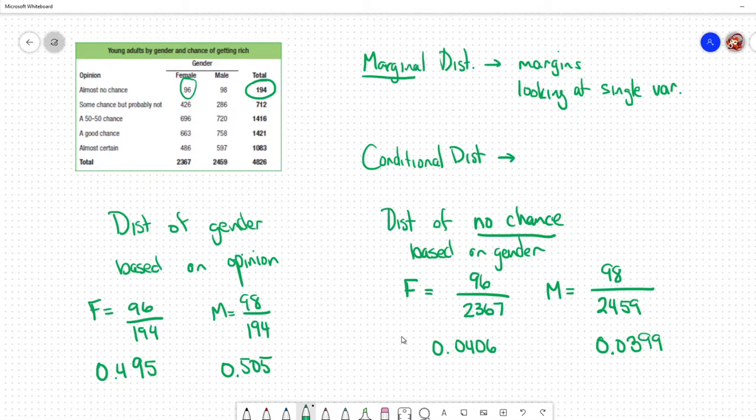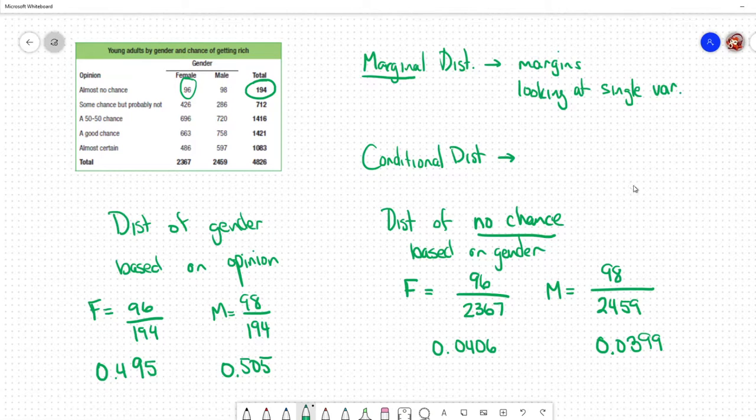So when we're thinking about trying to see if there's an association between the 2 variables, we have various ways to kind of analyze the table. So there isn't a right or wrong, but there is one that would probably be more useful to us. So in my case here, if I wanted to ascribe, is there a relationship between gender and opinion?